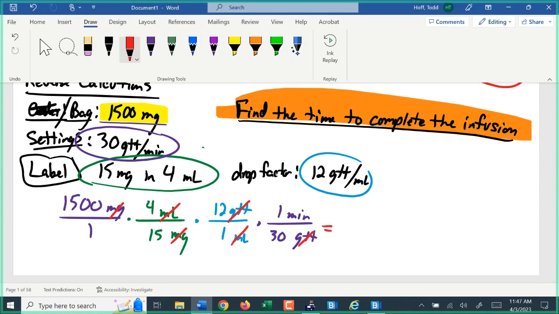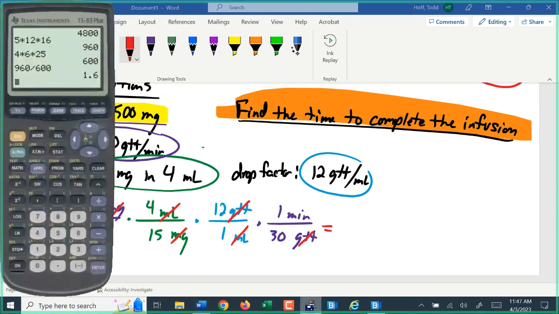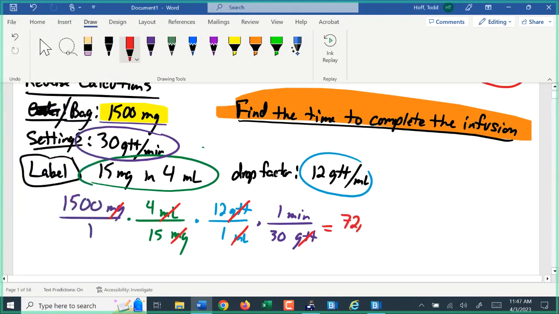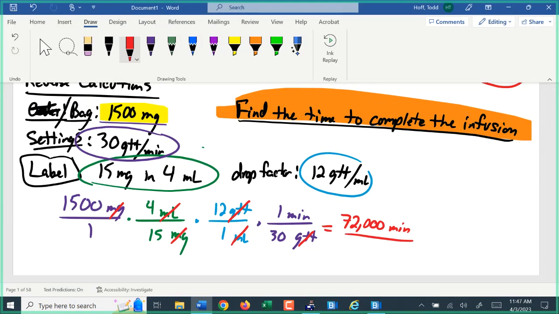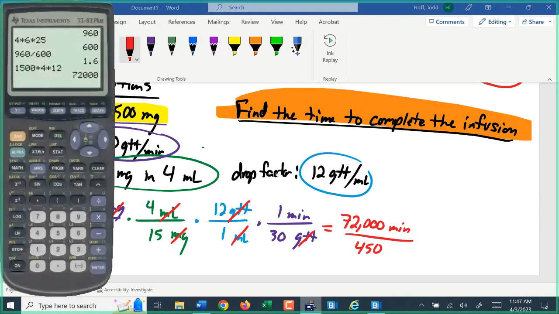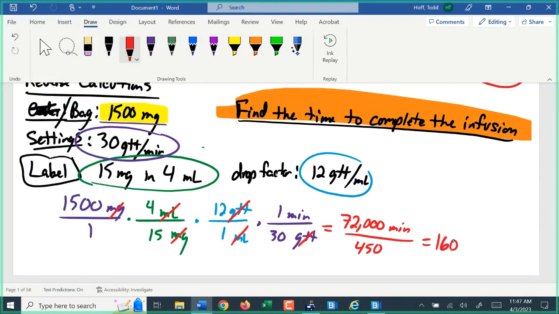So on top, it is 1,500 times 4 times 12, giving us 72,000. On bottom, 1 times 15 times 30 is 450, so we just divide that by 450, giving us 160 minutes.